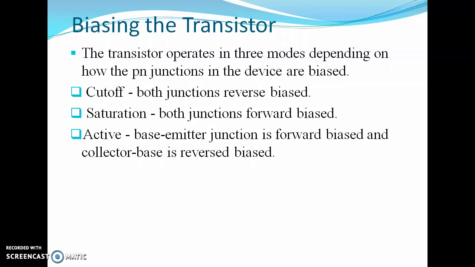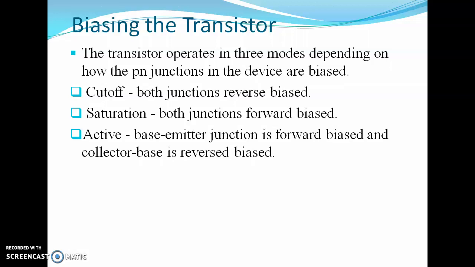So we are going to see one by one. Cutoff biasing. In case of cutoff biasing, both junctions are in reverse bias. What is reverse bias and what is cutoff, we are going to see in the next slide. Second mode is saturation, where both junctions are in forward bias.